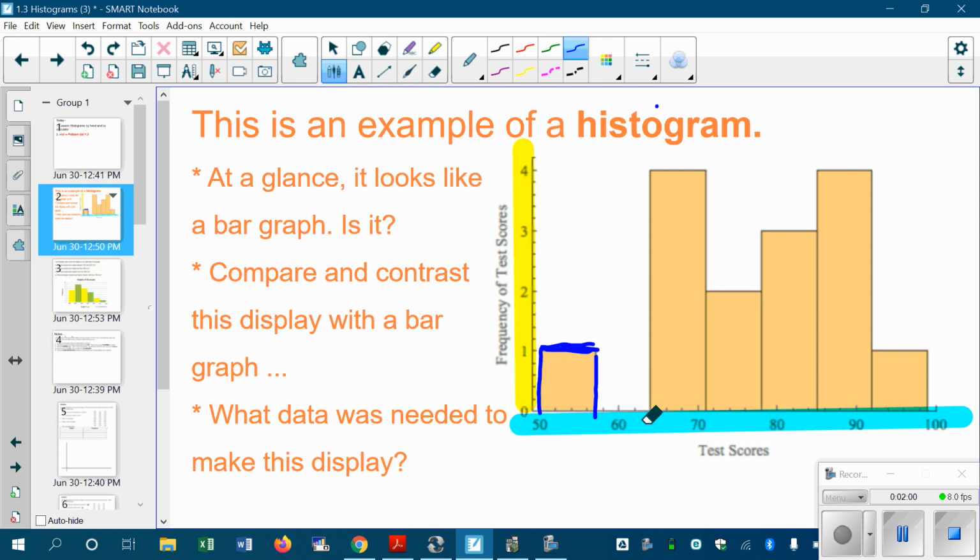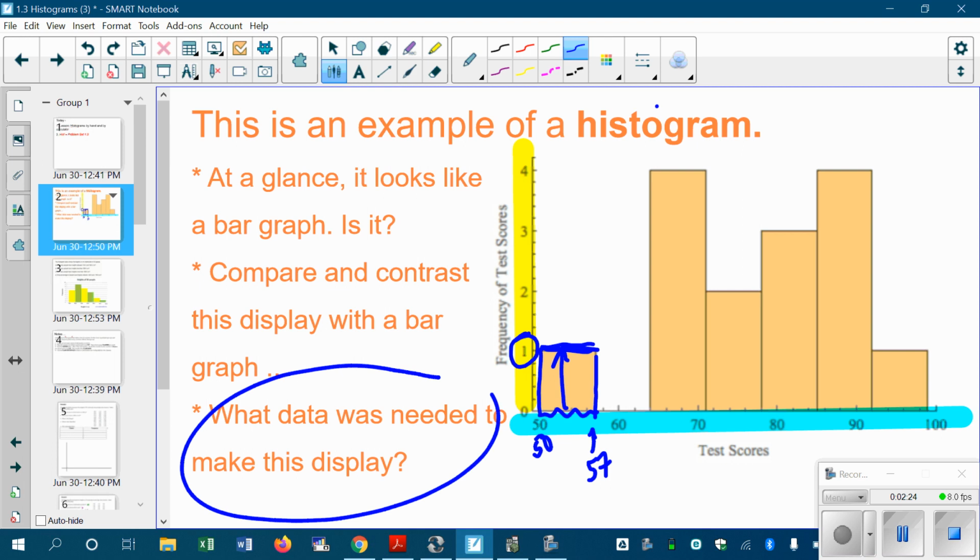Well, it looks like this is a numerical scale, counting by twos, 52, 54, 56, 58, 60. So it looks like there is one element that is somewhere between 50 and 57. So the data that was needed to make this display had to be numerical, had to be numbers.